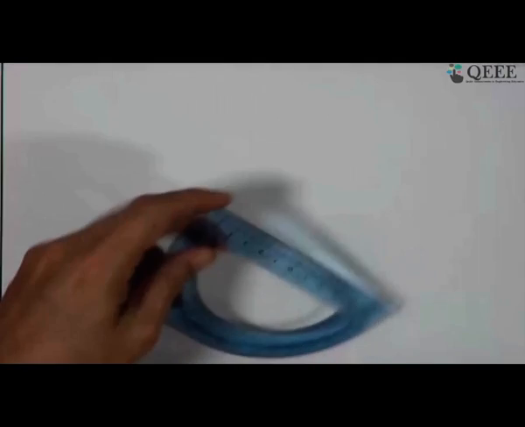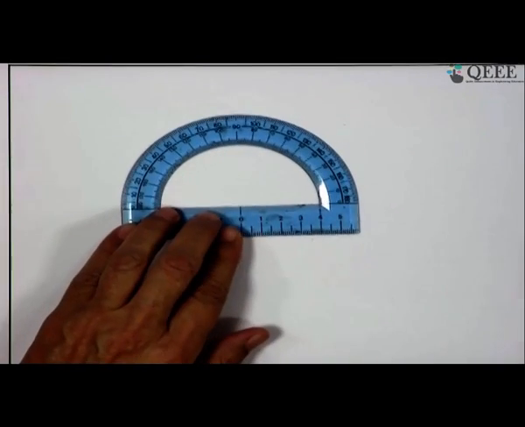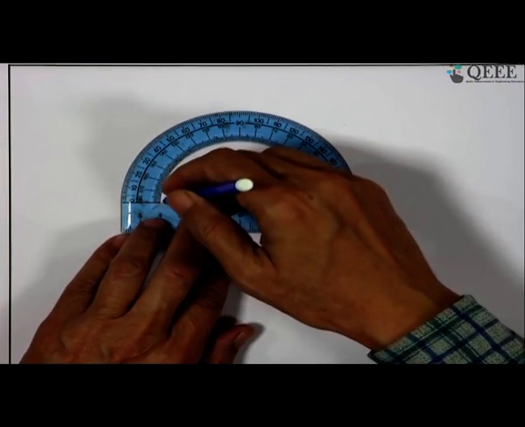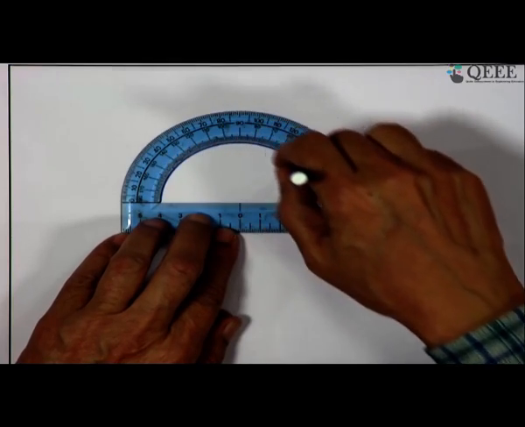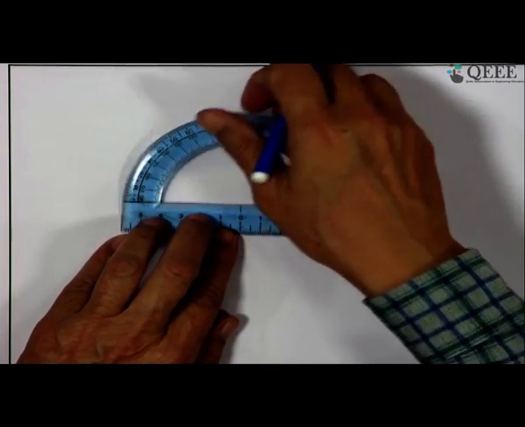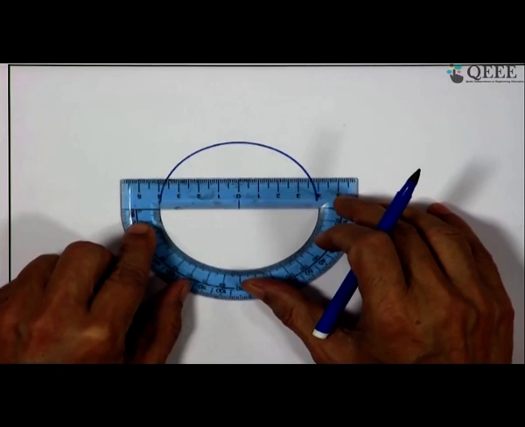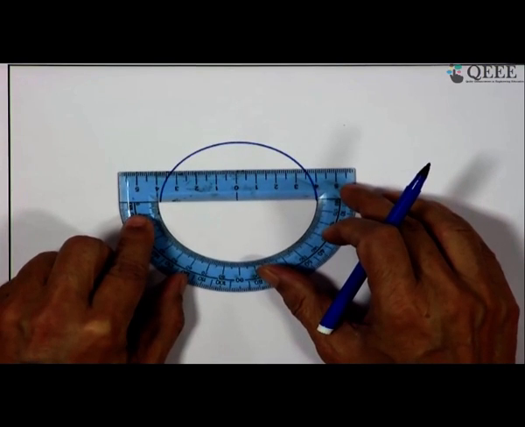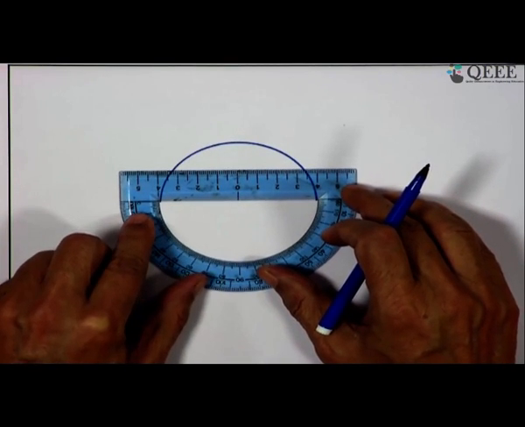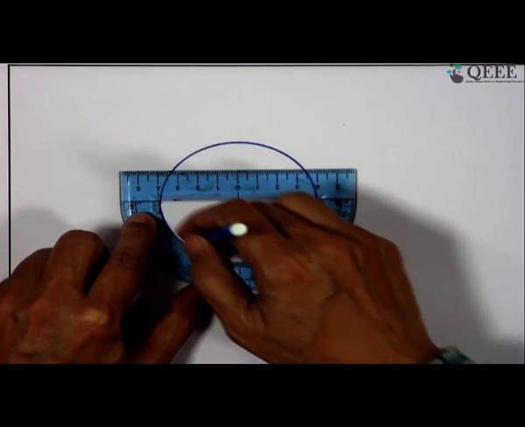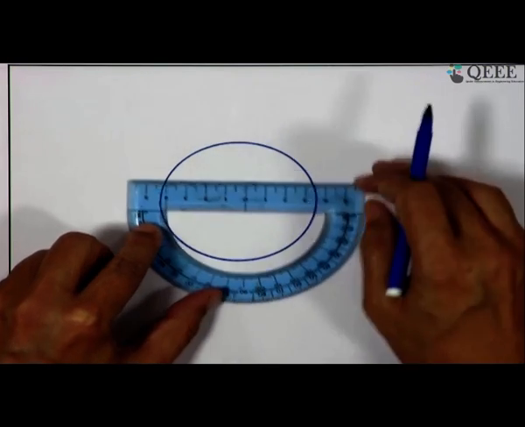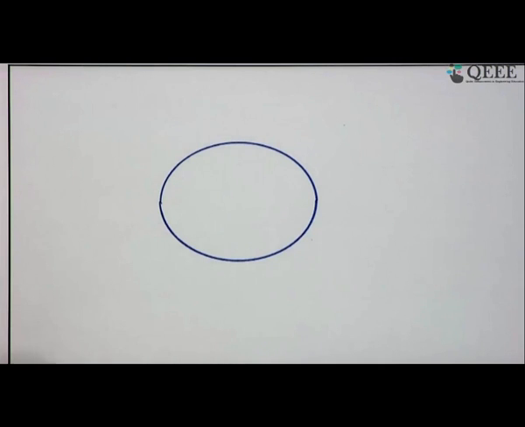So, let us try to draw the circle here. So, this is more or less the circle drawn, and in that circle we have to show this force system.